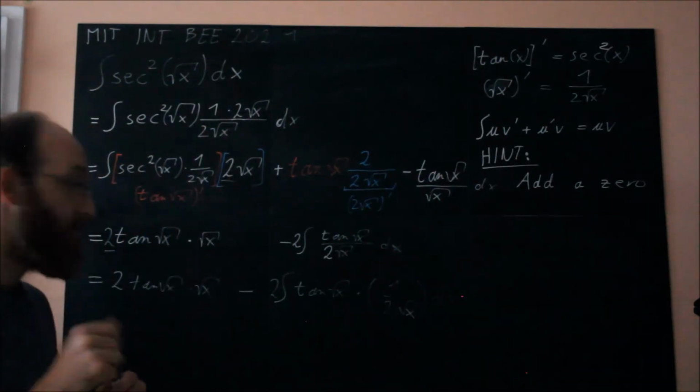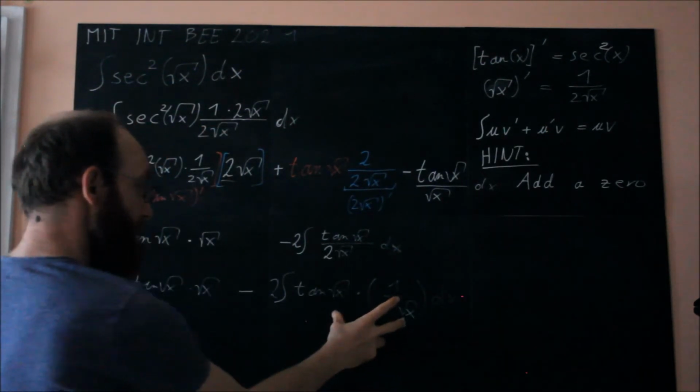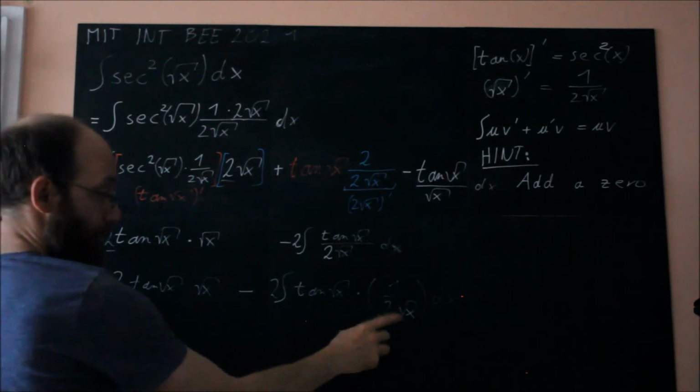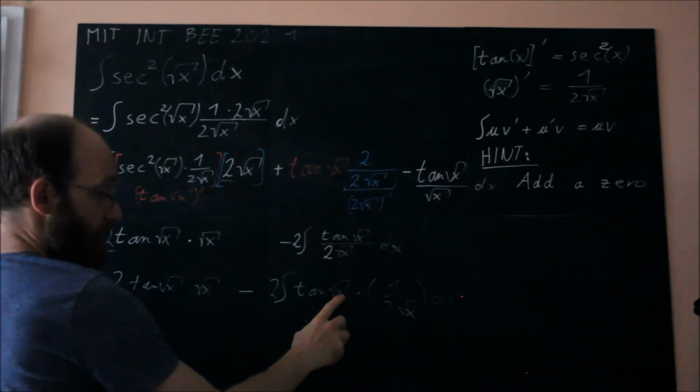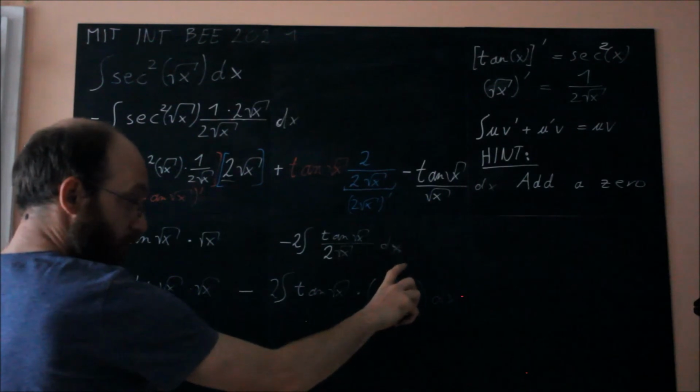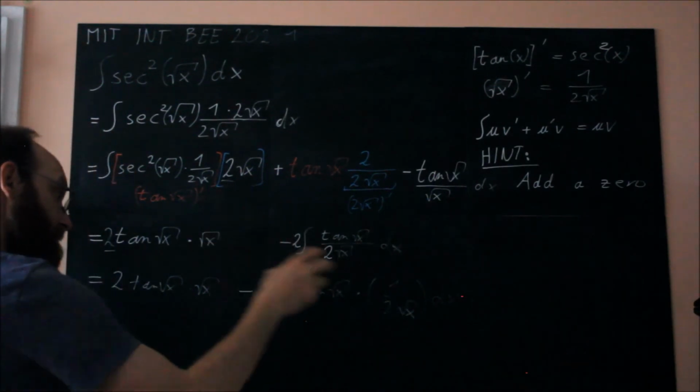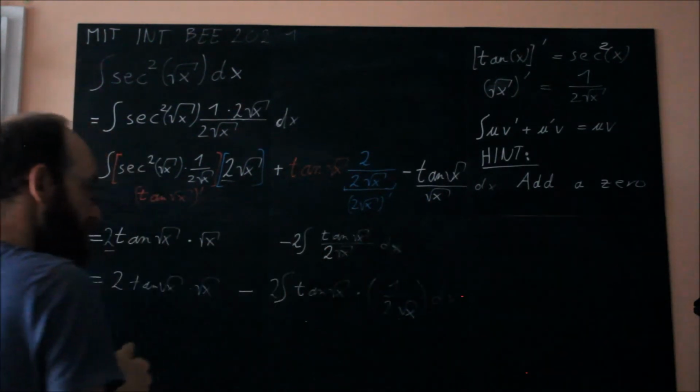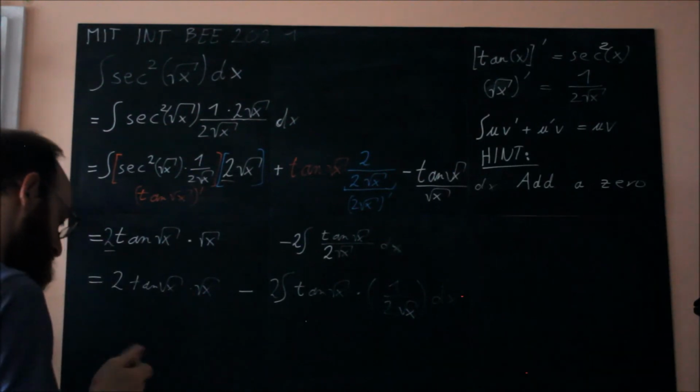And now we can see here the chain rule again. So the derivative of the square root is exactly 1 over 2 times the square root. So we can use a simple u substitution.